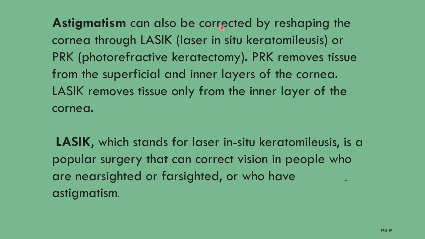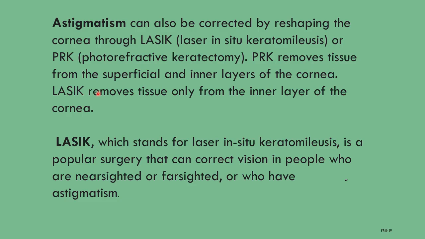Astigmatism can also be corrected by reshaping the cornea through LASIK, laser in situ keratomileusis, or PRK, photorefractive keratectomy. Normally astigmatism is caused by an irregular shape or irregular curvature of the cornea. These two cases can be corrected by LASIK and PRK.